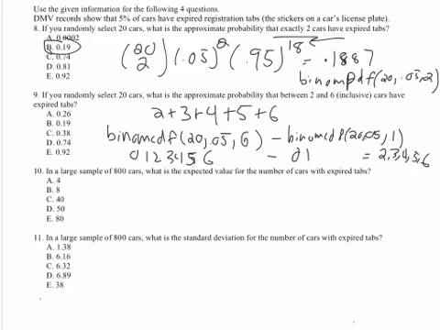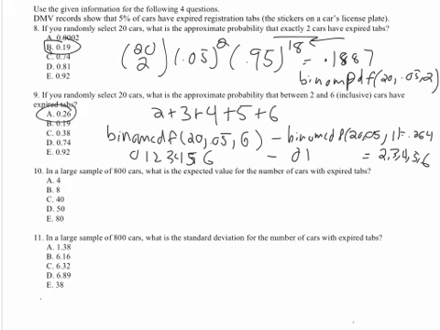If we type that in, binomcdf(20, 0.05, 6), don't forget to close the parentheses, minus binomcdf(20, 0.05, 1). That leaves me with 0.264, which would be A.